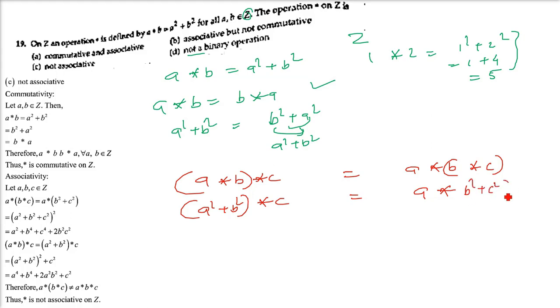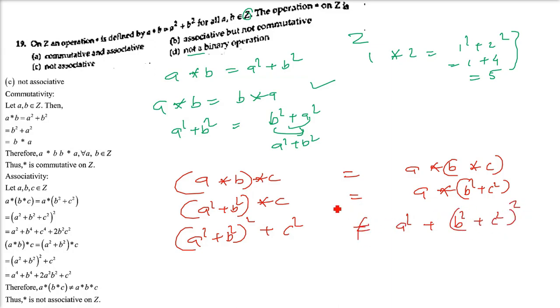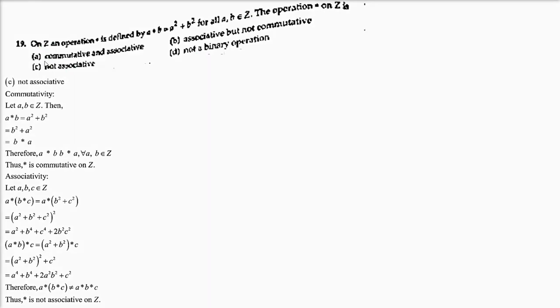Now these are two separate terms, so we operate with them: a square plus b square whole square plus c square, and here a square plus b square plus c square whole square. They are not equal. So it is not associative. It is a binary operation, commutative but not associative. So C is the answer.